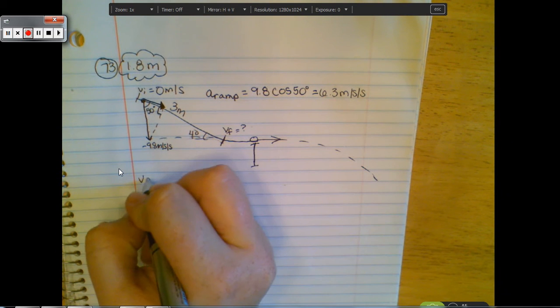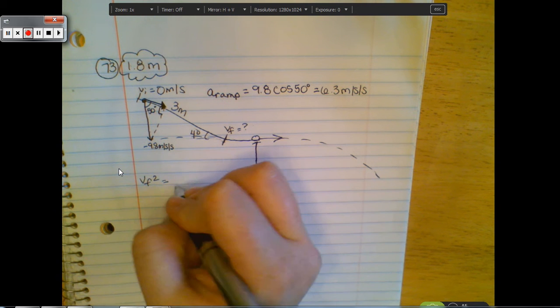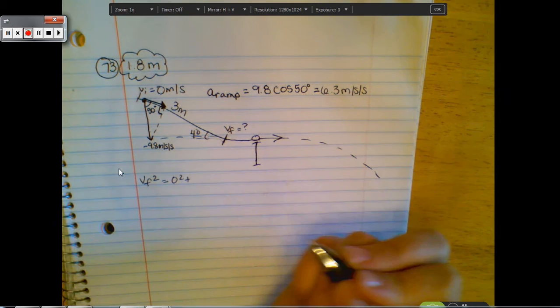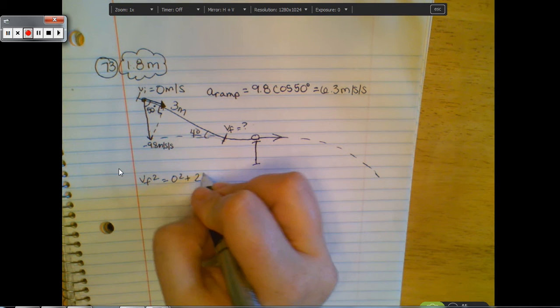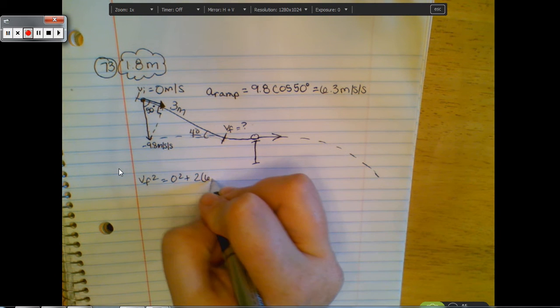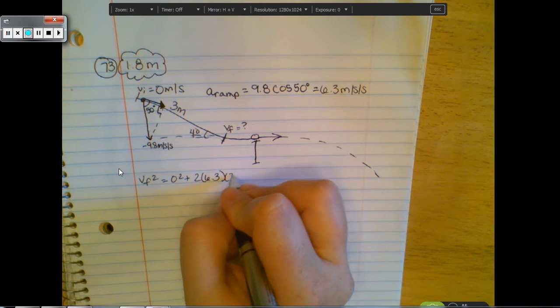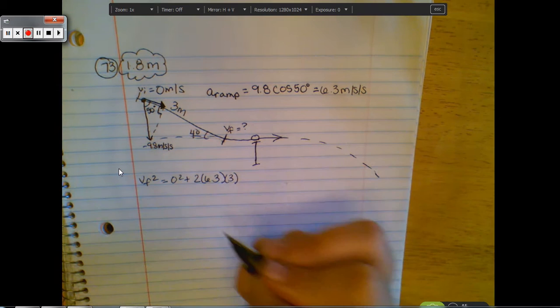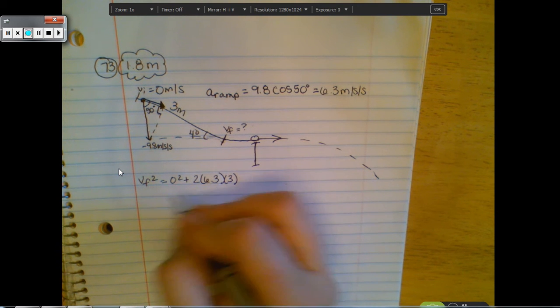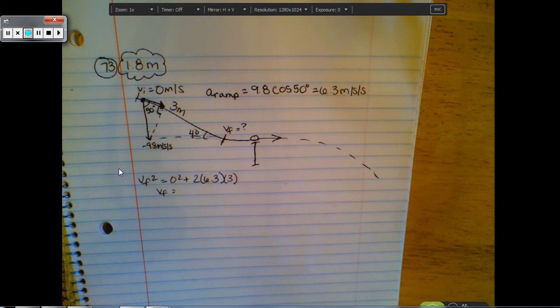So VF squared equals 0 squared plus 2a, we just found to be 6.3, and delta x, which is 3. So if I take the square root of this, I will have VF. So VF equals the square root of 2 times 6.3 times 3.